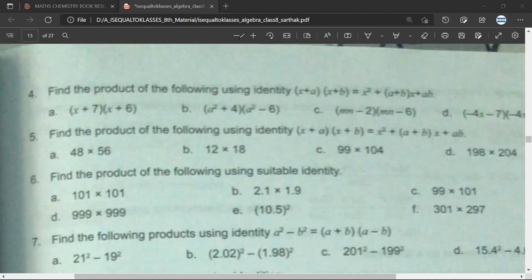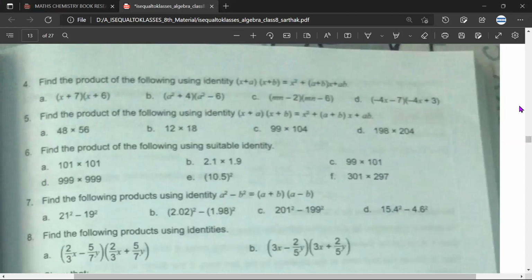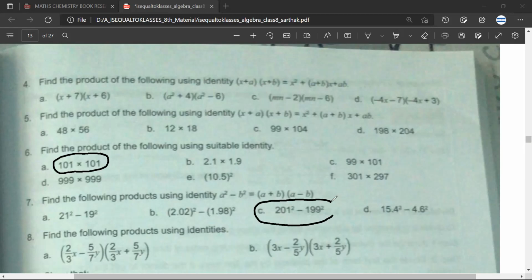And finally, you will find questions like these. Now in these questions, the simple thing that has to be done is, so for example, let me take example like this. So 100 plus 1 into 100 plus 1. Or let us take example like this. Now here, that is why they are giving you a clue also, that these identities would be used to solve this.